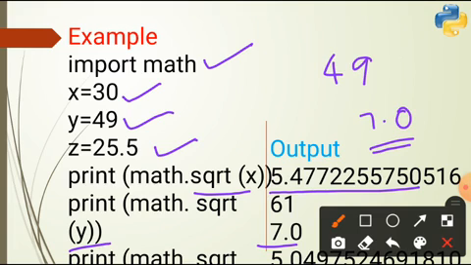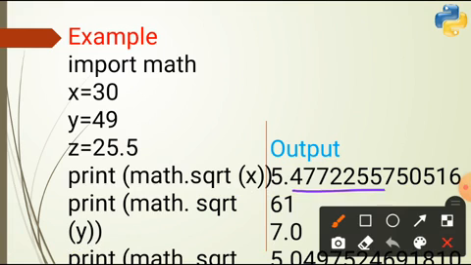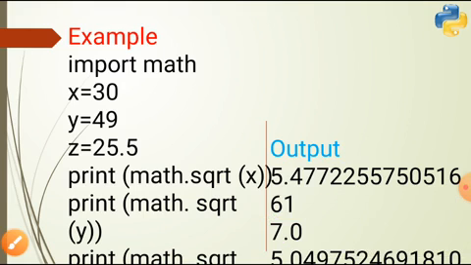That is why the decimal value is also present here. And 25.5, the square root of 25 is 5 and there will be 0.5. That is why the answer is present as a decimal value. Here 5 point something for the first result, 7.0 for the second and 5.0 something for the third result.